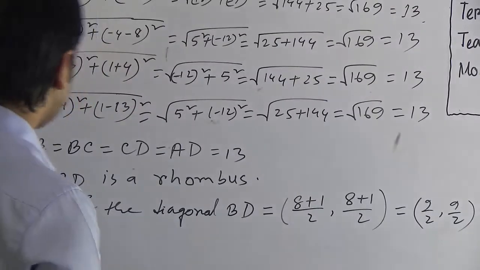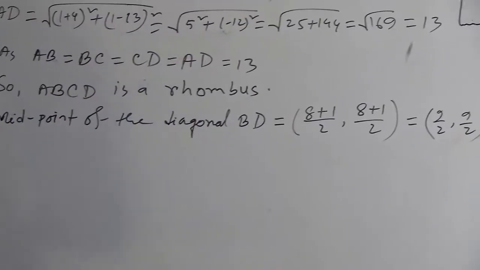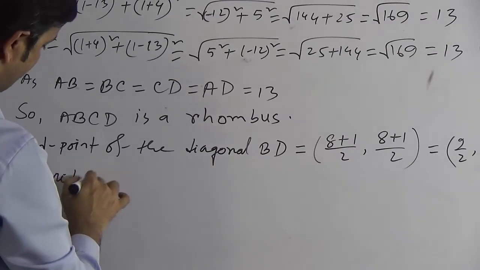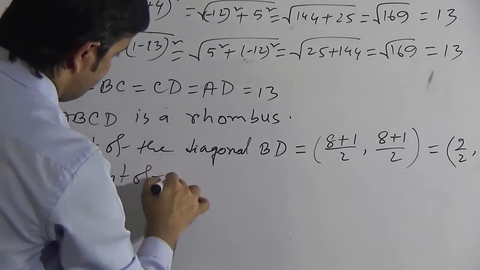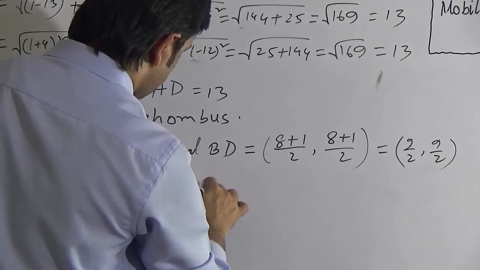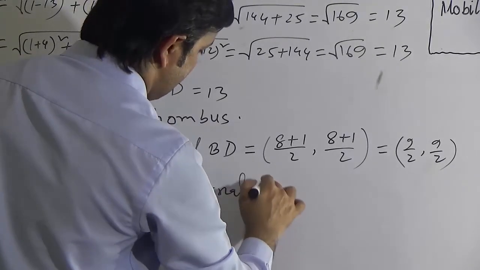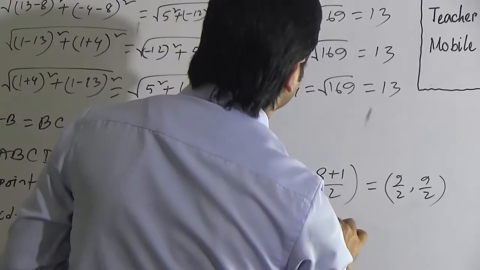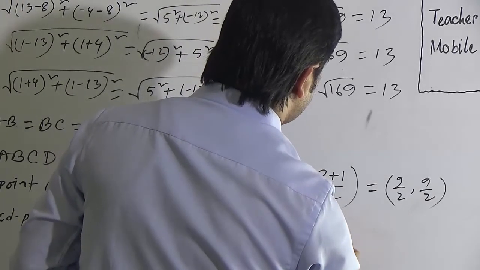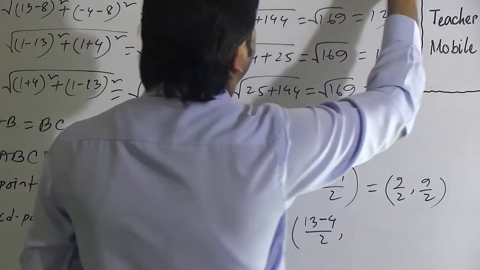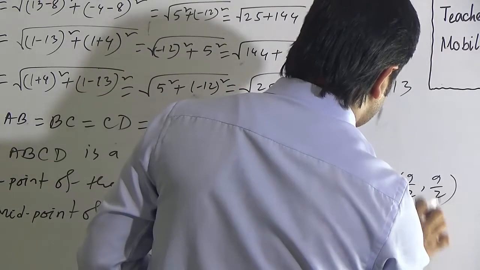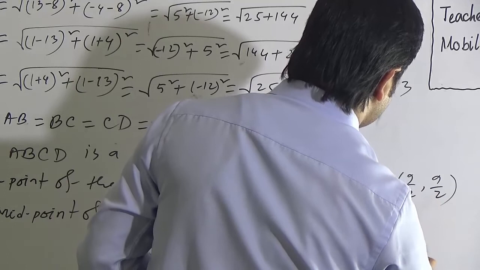Now we have to determine the midpoint of the diagonal AC, that is equal to 13 minus 4 by 2, and the other one will be minus 4 plus 13 by 2.